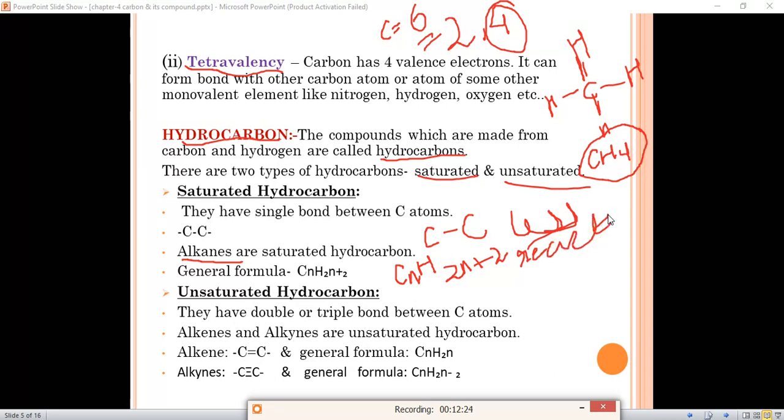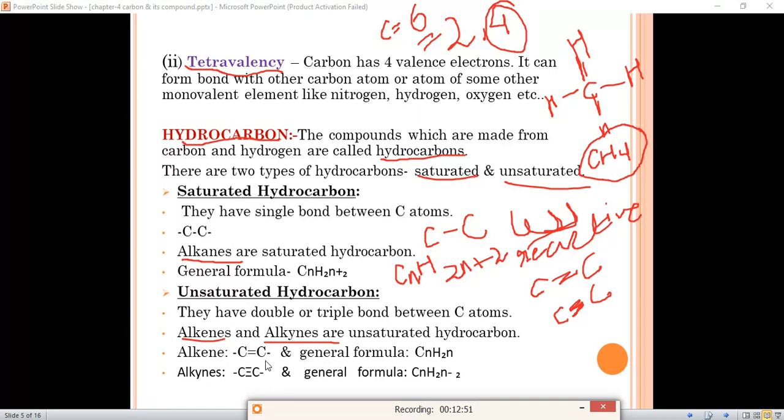Now we'll discuss unsaturated hydrocarbons. In unsaturated hydrocarbons, a double or triple bond is present between carbon-carbon atoms. They will contain either a double bond or a triple bond between the carbon-carbon atoms. Alkenes and alkynes are unsaturated hydrocarbons. Alkenes contain a carbon-carbon double bond and alkynes contain a carbon-carbon triple bond.